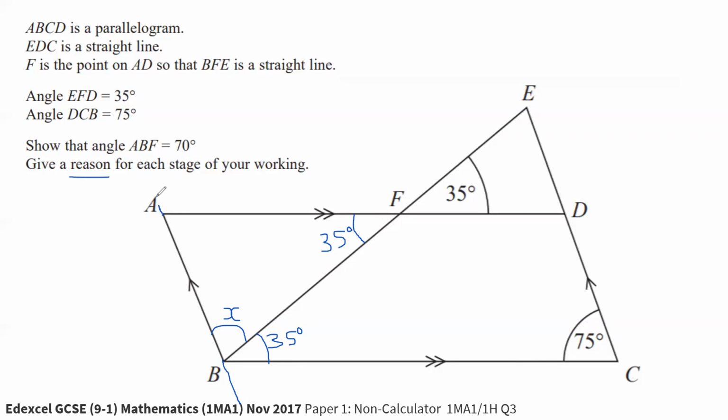And this is where the angle on the top of the top parallel line and the top of the bottom parallel line are equal. So if we call this Y, both of these are going to be the same. So corresponding angles, the top of each parallel line angles are equal.